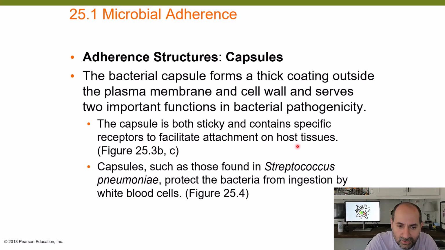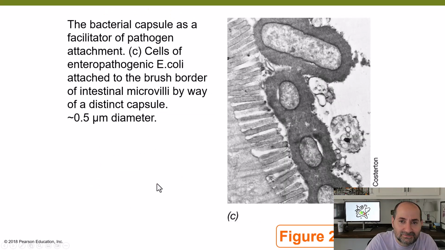And to make it worse, capsules, such as those found in Streptococcus pneumoniae, protect the bacteria from ingestion by white blood cells. So not only does the capsule aid in adherence, it also aids in what's called evasion, which means cloaking yourself from the white blood cells, making yourself less visible to the white blood cells.